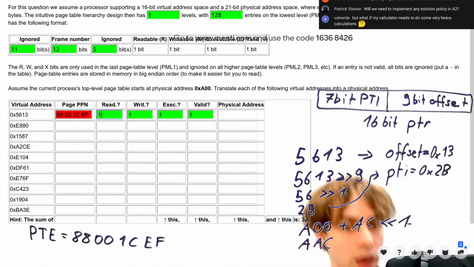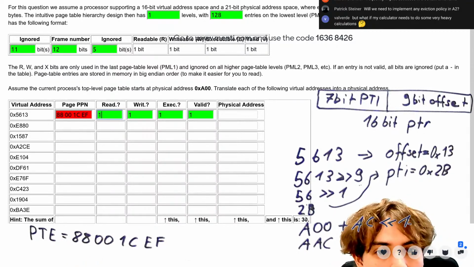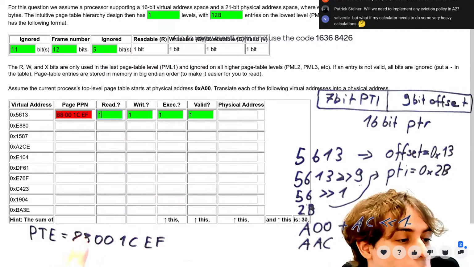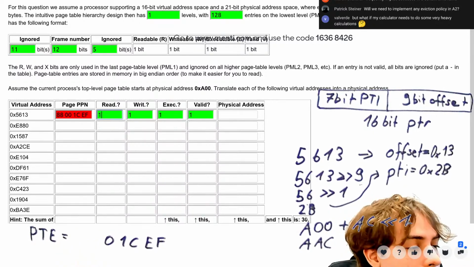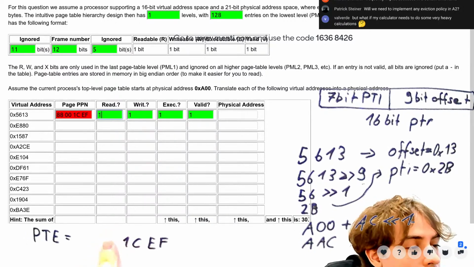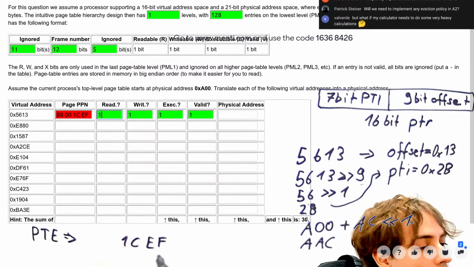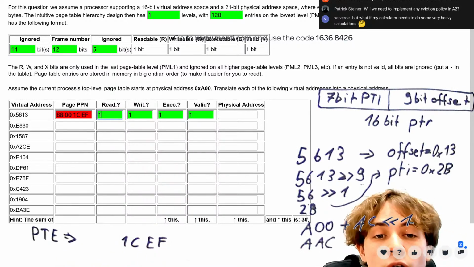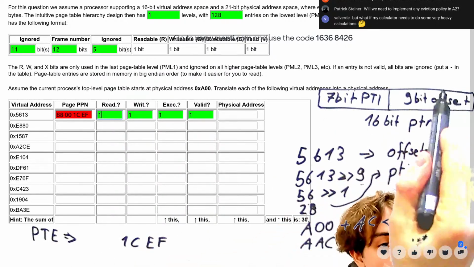Okay. Now we get rid of these ignored bits, and we have ignored bits both at the top, 11 ignored bits. So at least these two are ignored. This one as well, we don't need it. And this one is a 0, we also don't need it. So what we have then is 1CF, and there we need to still reset the lowest 9 bits for the offset.